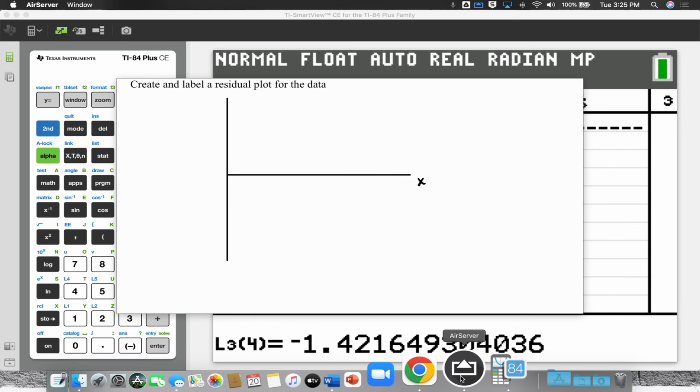The y is actually going to be residuals. So what was x again?